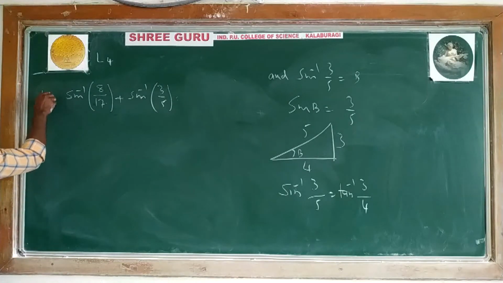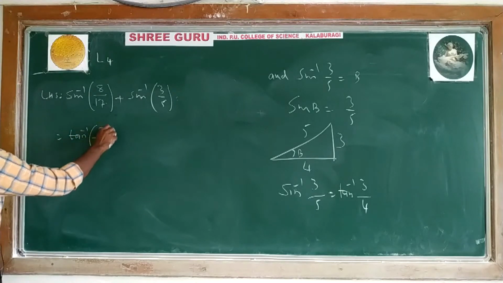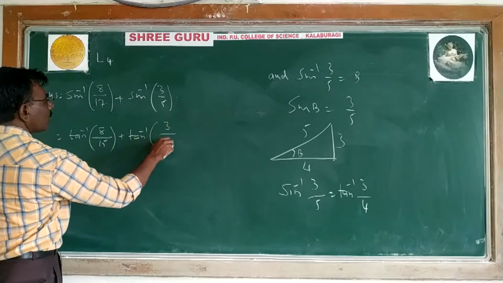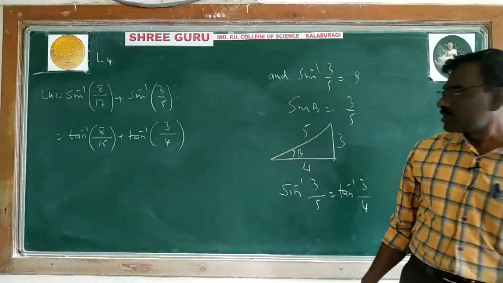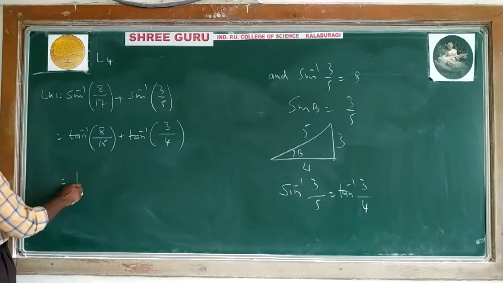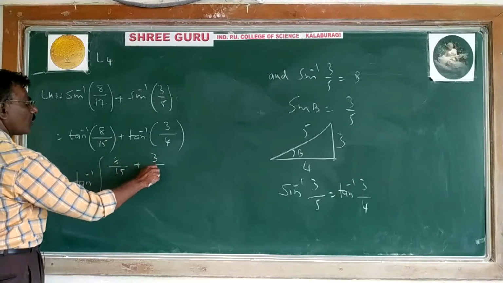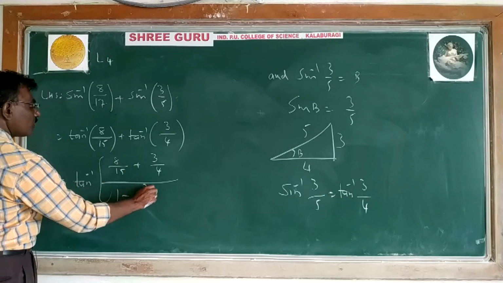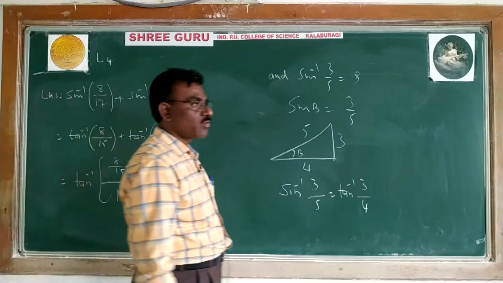Now this is the LHS: tan inverse of 8 by 15 plus tan inverse of 3 by 4. It is very easy with the formula: tan inverse of x plus tan inverse of y equals tan inverse of (x plus y) by (1 minus xy). So tan inverse of 8 by 15 plus 3 by 4, divided by 1 minus 8 by 15 into 3 by 4.